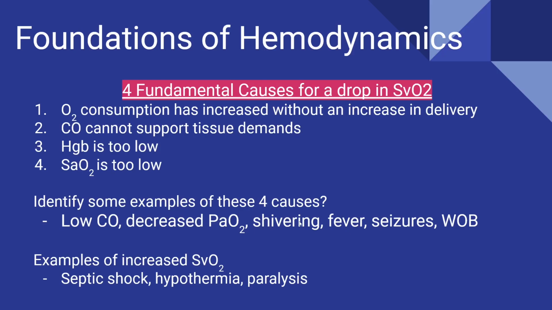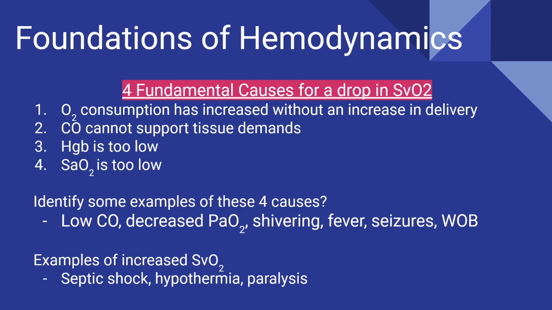But there are also things that could cause your SvO2 to be high. Okay, and these ones are a little different. You kind of have to think of things slowing down. Just because it's high doesn't mean that's a good thing.